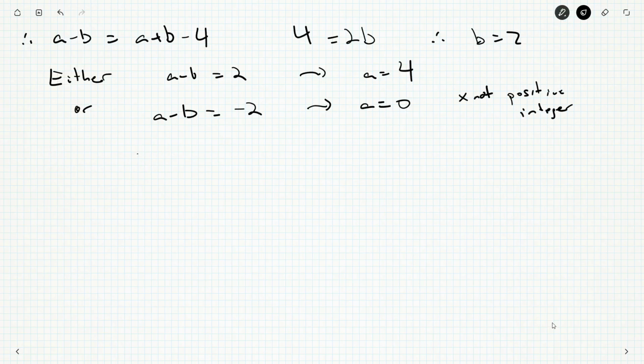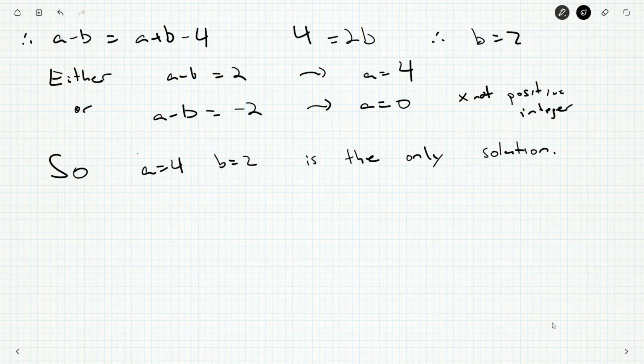I almost forgot about that. Would have gotten it wrong. So a equals 4, b equals 2 is the only solution among the positive integers.